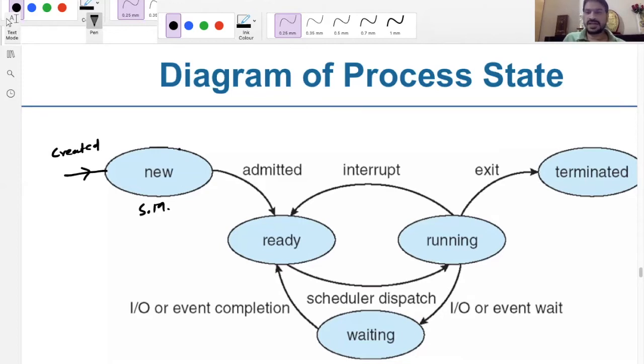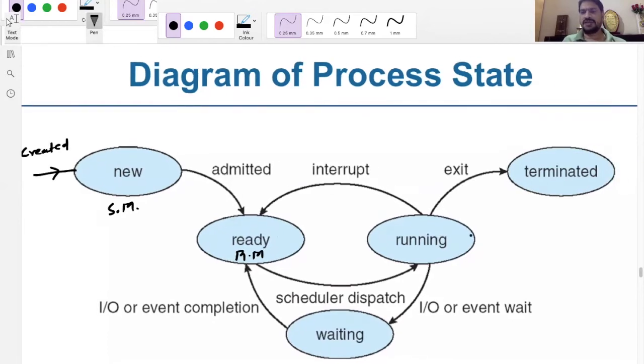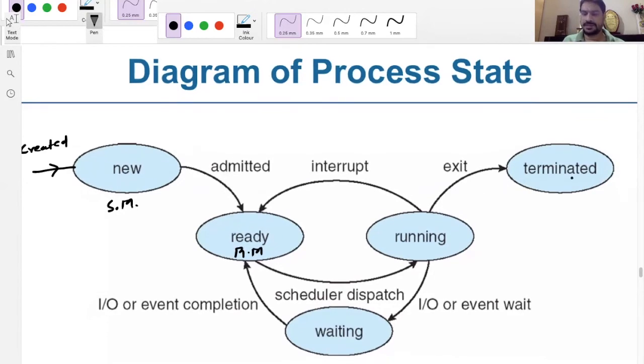Then from the secondary memory, it will come into the main memory, admitted into the ready queue. And from the ready queue, it will be scheduled to the CPU in a running state. Okay. After running, it will go to the terminate state.